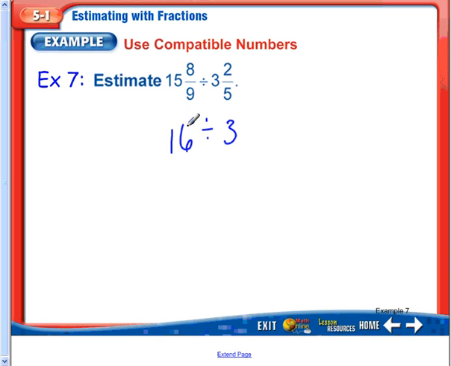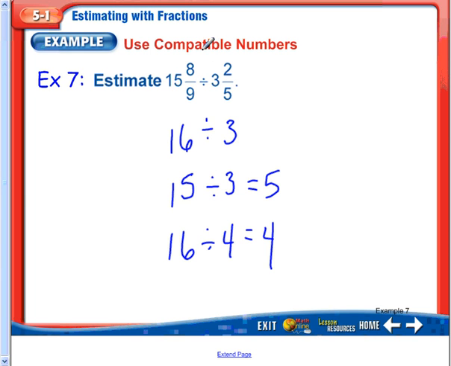So a better solution for this would be to either keep this at 15 and go 15 divided by 3 equals 5, or we could say 16 and we could bring the 3 2/5 up to 4. We say it is 4. So either way we do it, we're using compatible numbers.